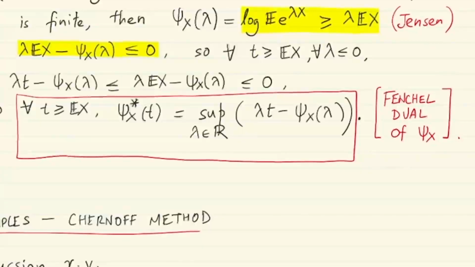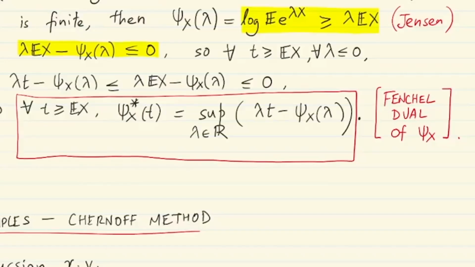You don't need to restrict lambda to be greater than or equal to 0 when you are evaluating the Kramer transform for t larger than the expected value of x, to the right of its mean. You can just consider the computation of Cx star of t to be an unconstrained optimization problem. This allows you to do much cleaner calculations and solving of the optimization problem, rather than operating with a constrained optimization problem.